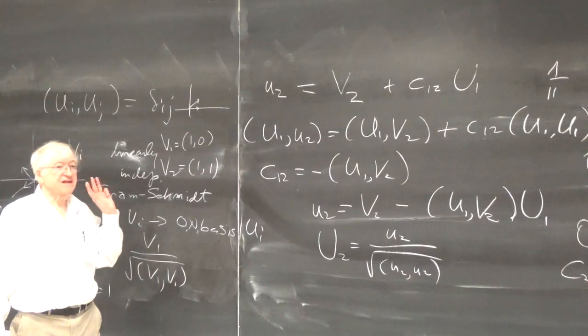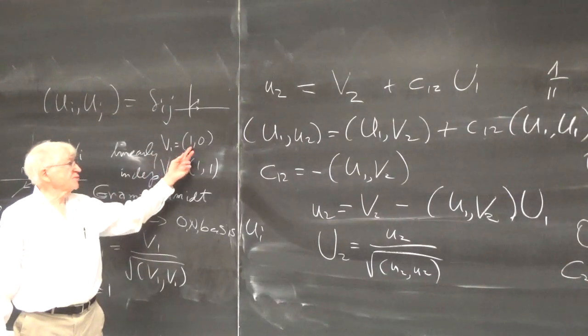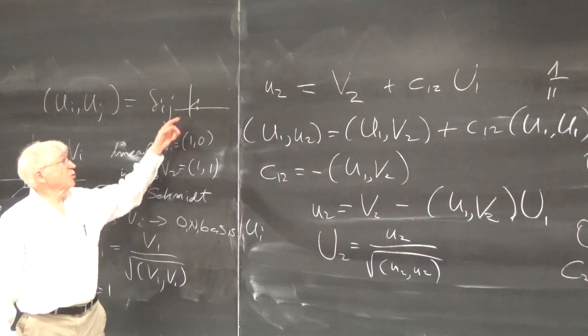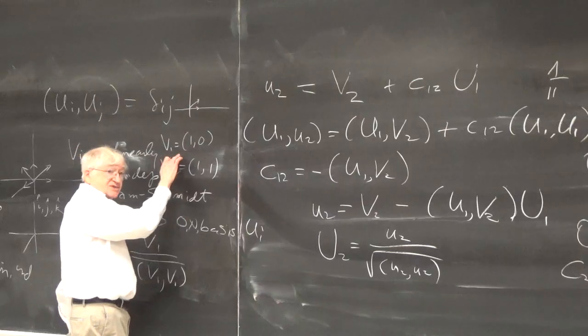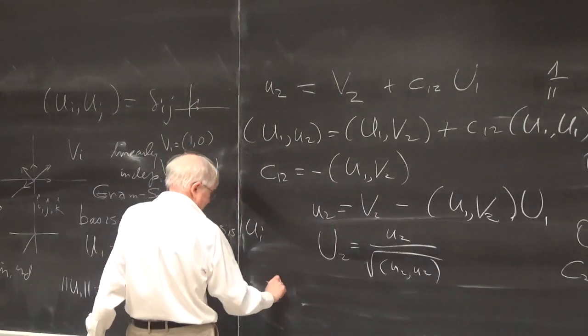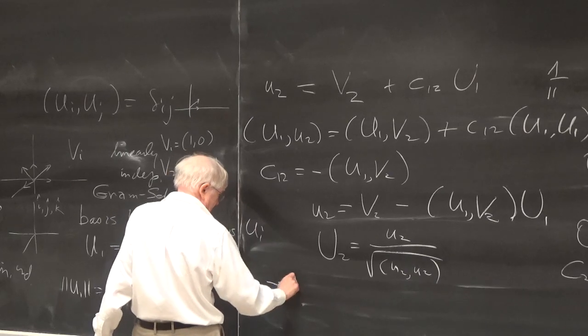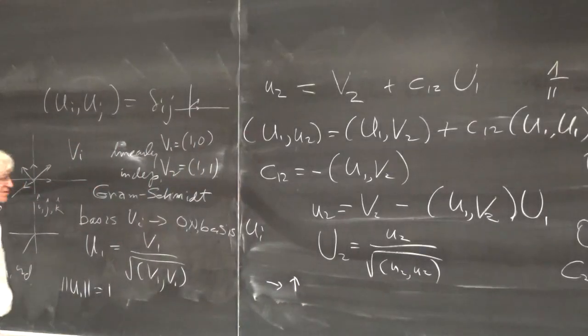Now, if you did the Gram-Schmidt process starting with v1, this would be the first vector, and you'd wind up with a vector in the y direction as u2. These would be the u's.